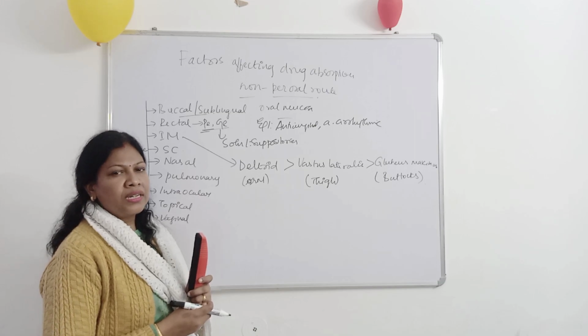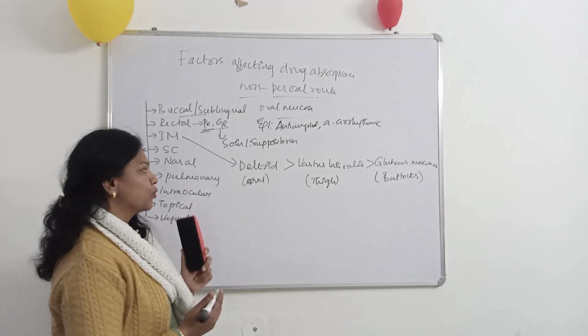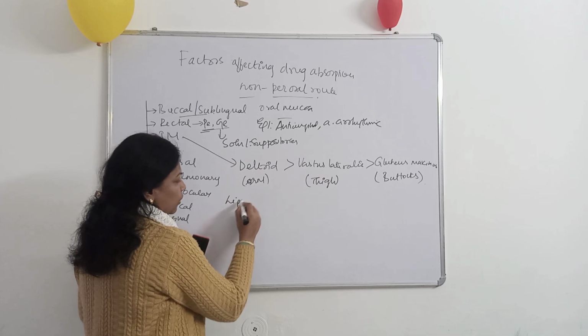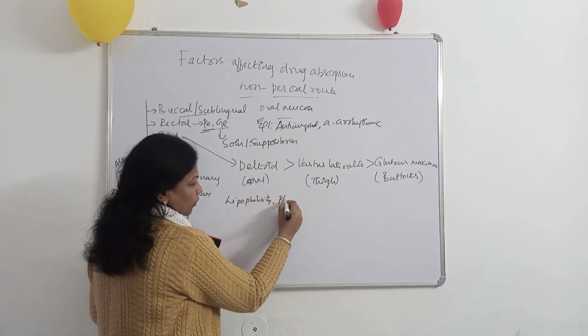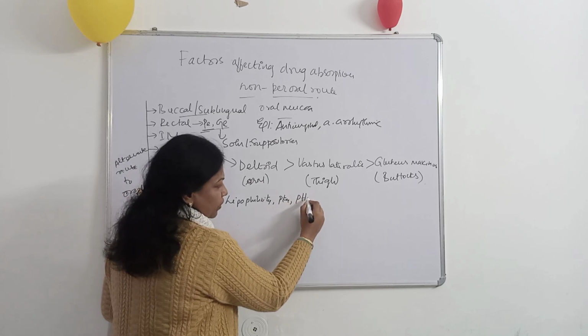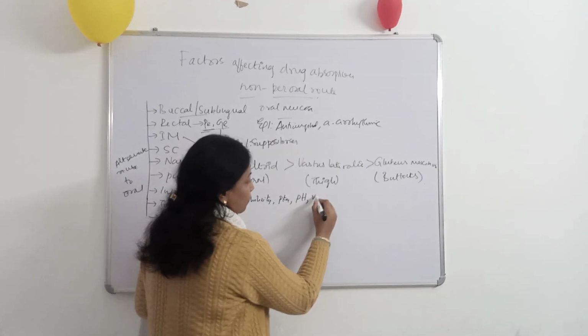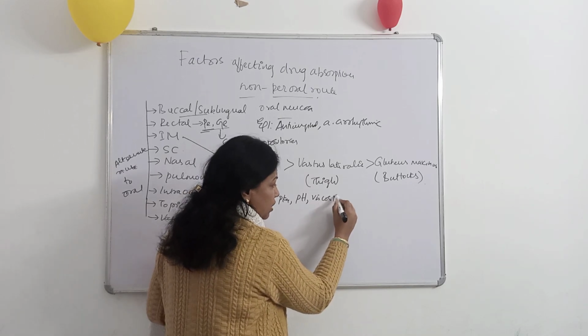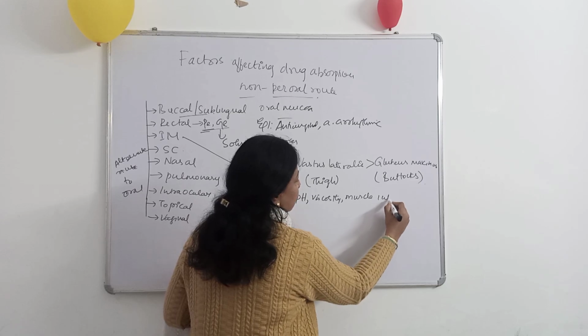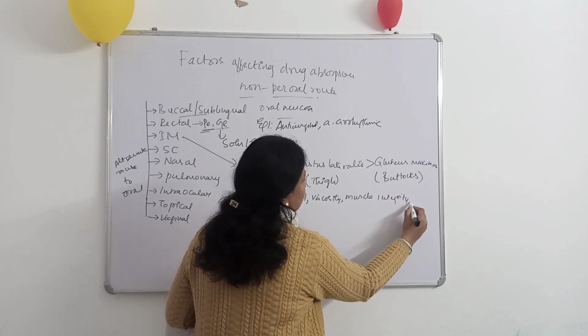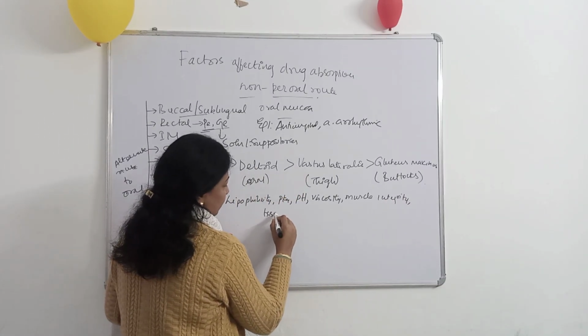Now the drug absorption through this route depends upon the lipophilicity of the drug, the pKa of the drug, the pH of the region, then the viscosity of the formulation, and also muscle integrity and tissue rejection.